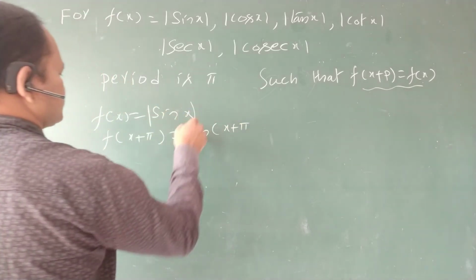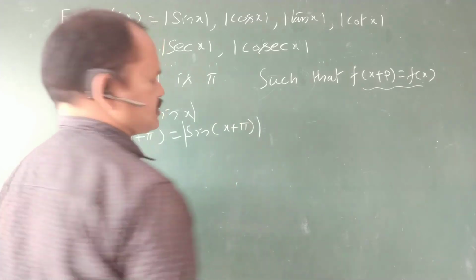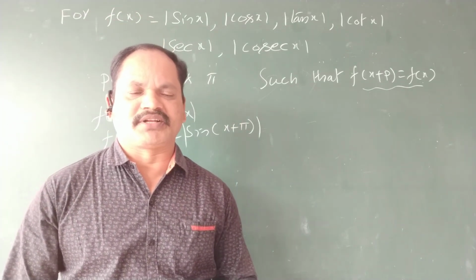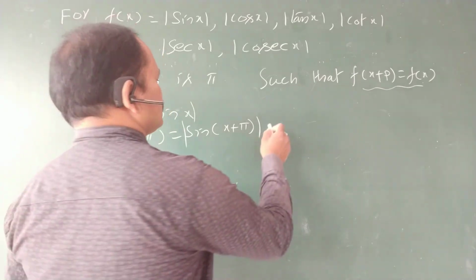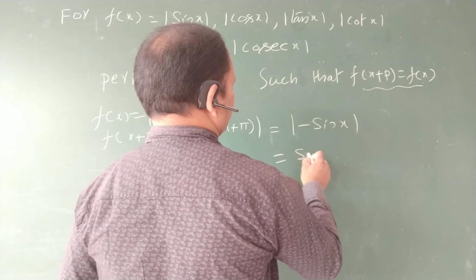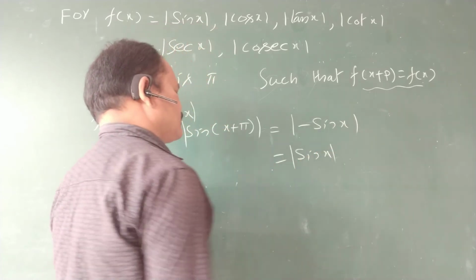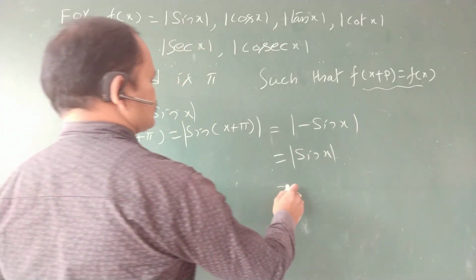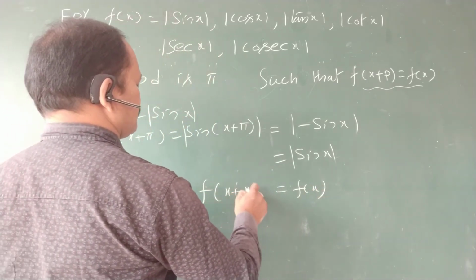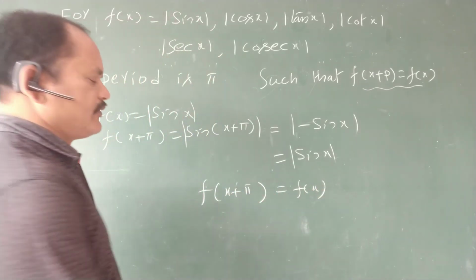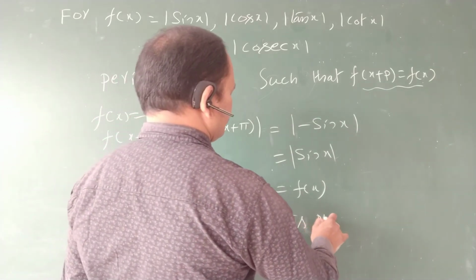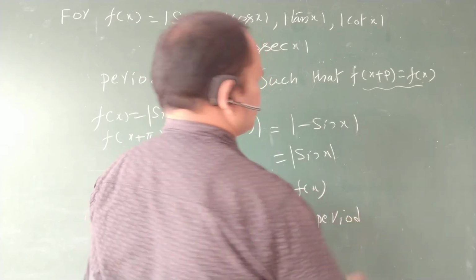Sin of 180 plus theta is minus sin x, but since the mod is there, it is positive. That's why the same function will be there, and it gives f of x again. That's why f of x plus p is equal to f of x where p is equal to pi, so pi is the period of this function.